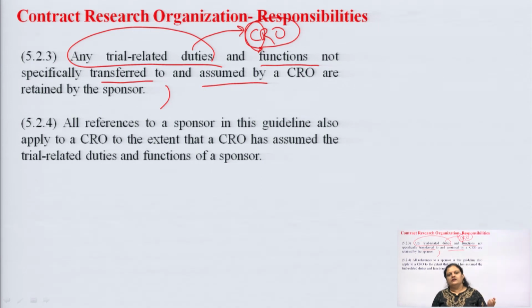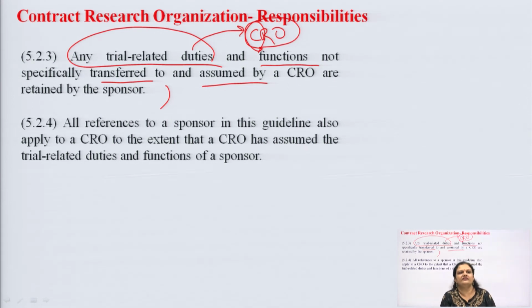It means that all references to the sponsor, meaning the results after the completion of a clinical trial, the CRO is supposed to handle all their data and duties as the sole responsible party.